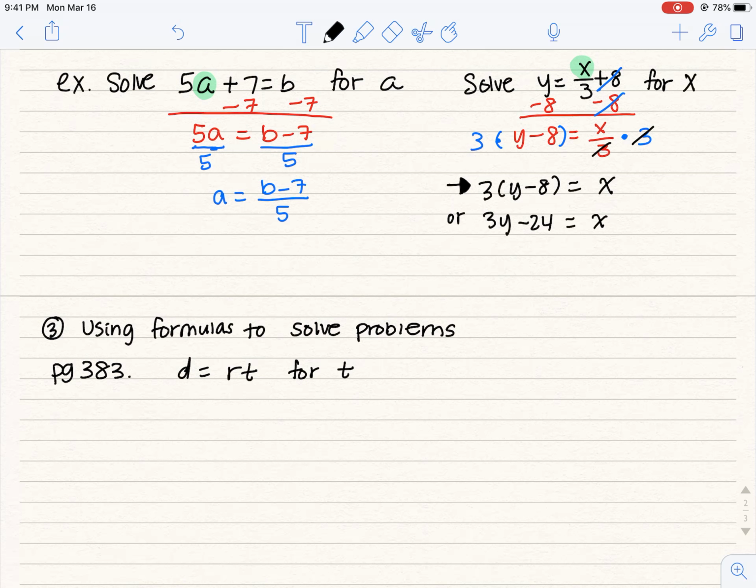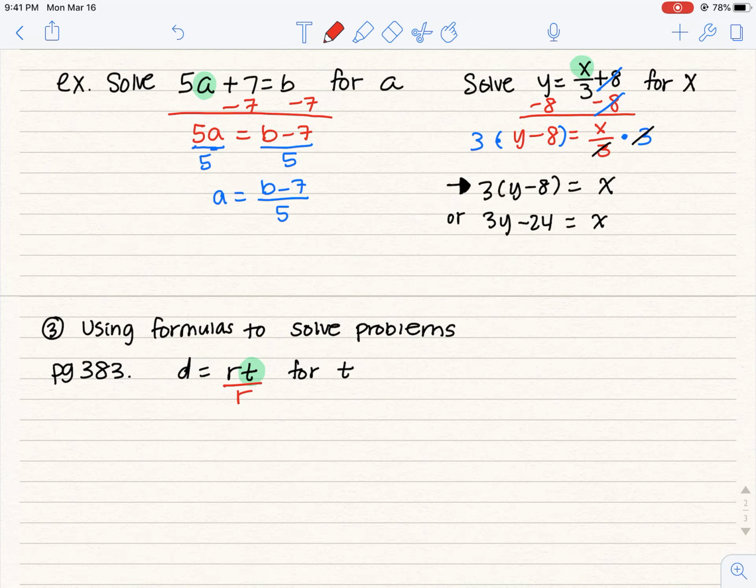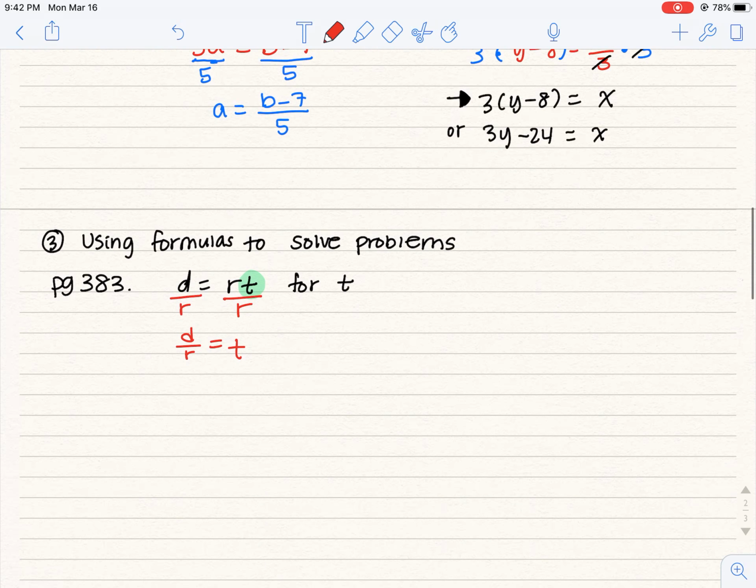Okay, so let's see. D is distance. We know that rate is how fast you're going. So I'm going to first solve for T. I just have to divide by the rate. So T is actually going to be distance divided by rate.